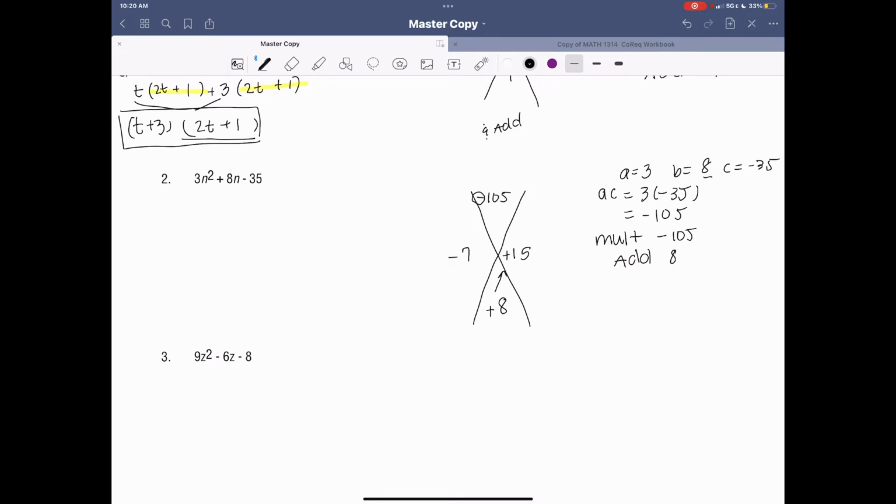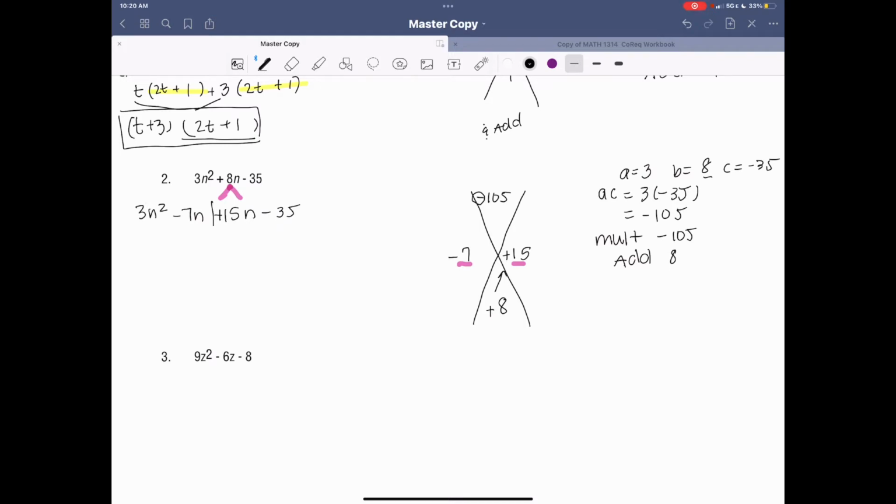So now we're going to use these two numbers right here to expand the center term. So I have 3n squared minus 7n plus 15n minus 35. And I take this and I split it.